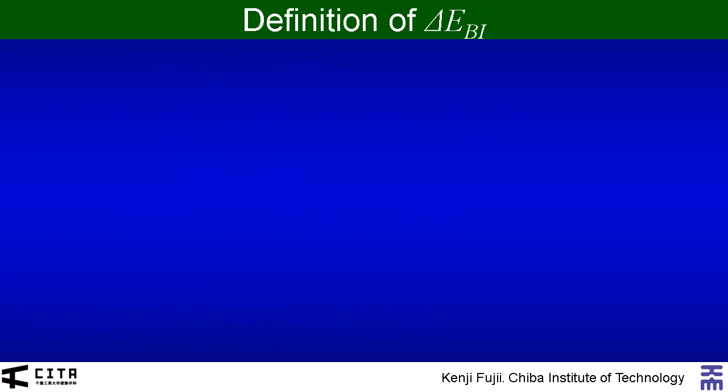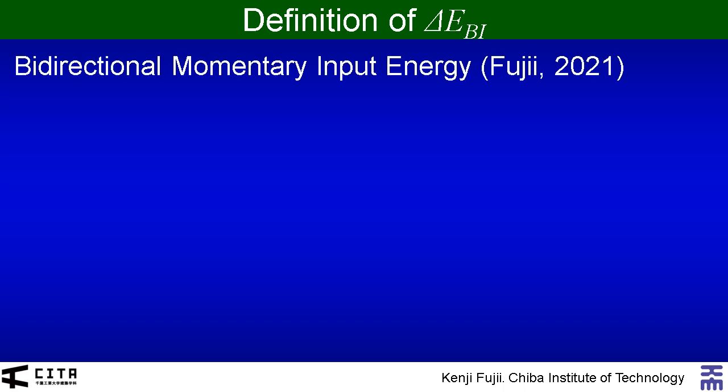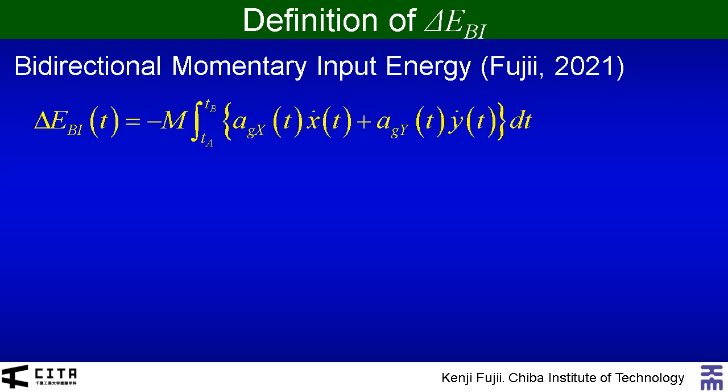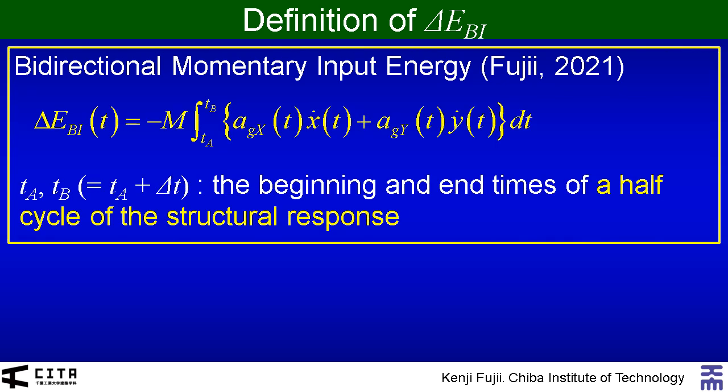Next, we will define the bidirectional momentary input energy. The bidirectional momentary input energy, which is defined in the previous study, is defined as this equation. Here, TA and TB are the beginning and end times of a half cycle of the structural response.